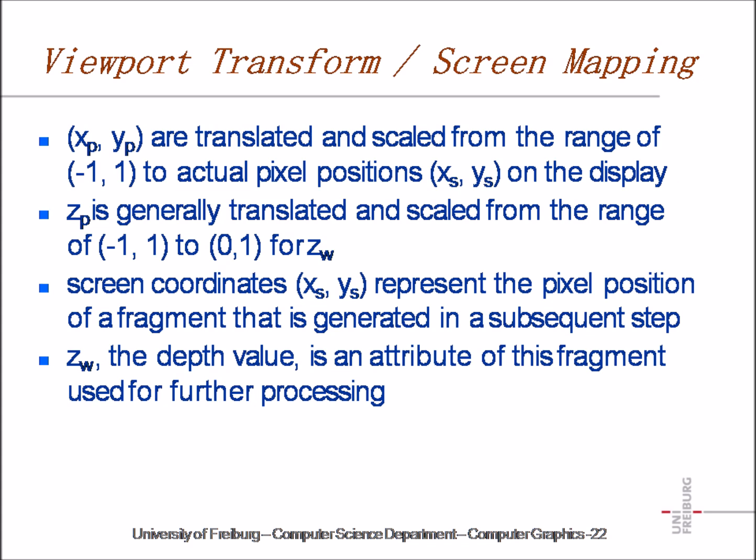Number 3, the screen coordinates xs, ys represent the pixel position of a fragment that is generated in a subsequent step. And number 4, zw, the depth value, is an attribute of this fragment used for further processing. So dear students, these are the steps finally adopted for viewport transform in order to convert projected primitive coordinates into screen coordinates.